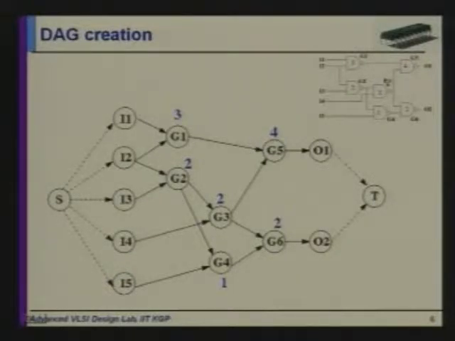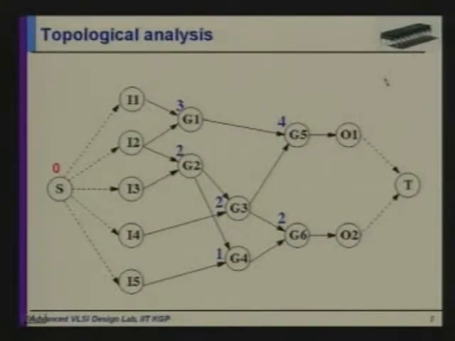Okay. Now we want to perform a topological analysis. Topological analysis finds out the longest path in a given graph. It doesn't consider the Boolean nature of the circuit. So for that we assume the source node has 0 delay, and inputs have 0 delay, because we have not written any delay values here.